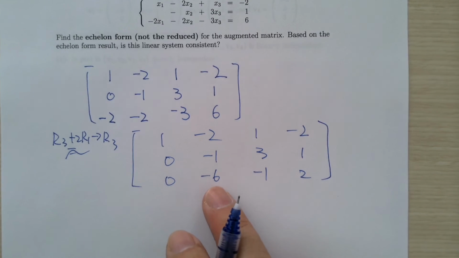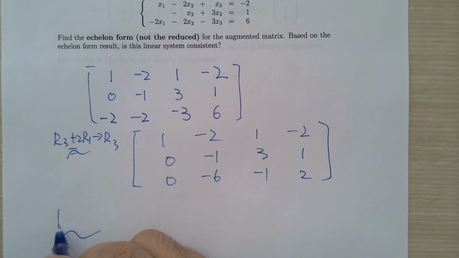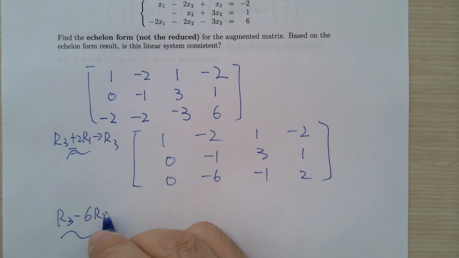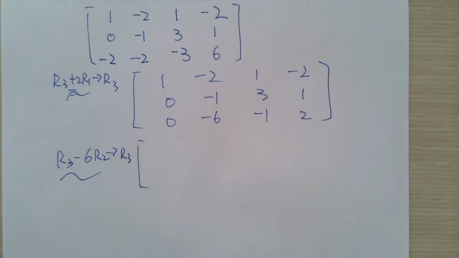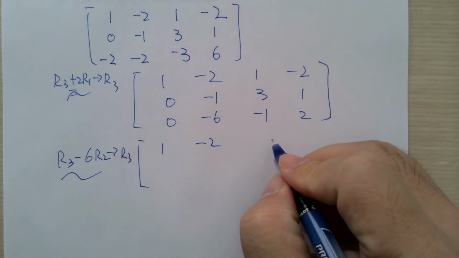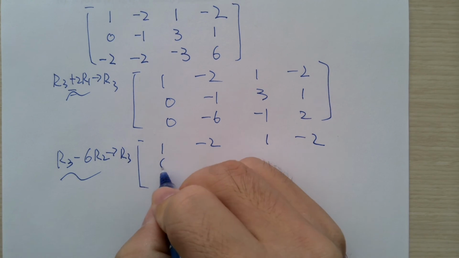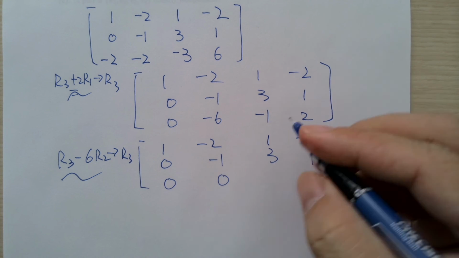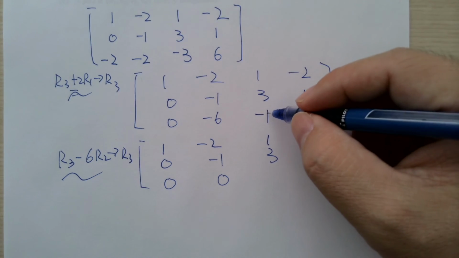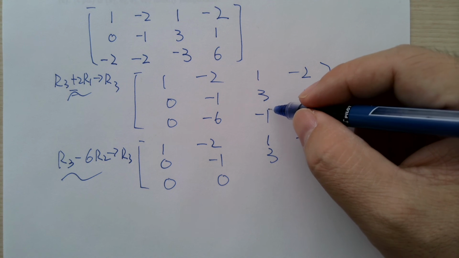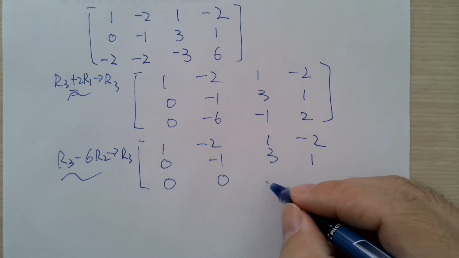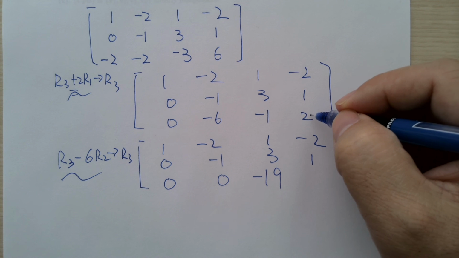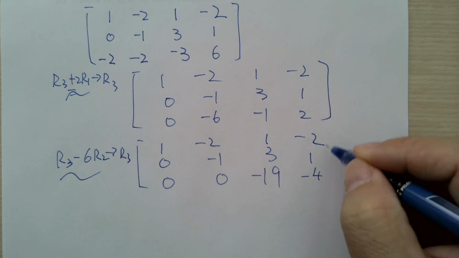And then we can try to get rid of this. So we can use row 3 minus 6 times row 2 to become the new row 3. So it's 1, -2, 1, -2, 0, -1, 3, 1, 0, 0, and then -1 minus 18 becomes -19, and 2 minus 6 becomes -4.